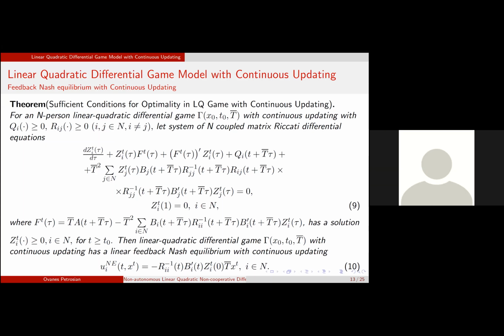A somewhat related question. This is also known in the literature as moving horizon optimization, or moving horizon games.